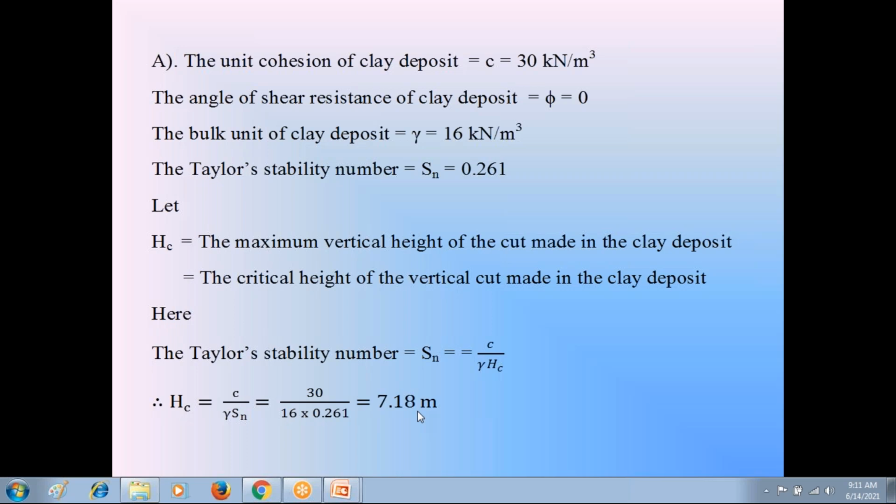When the soil slope is cohesionless soil, the factor of safety in the seepage flow condition is gamma dash tan phi divided by gamma saturated tan I. That is in cohesionless soil in seepage flow condition. Okay, sir. Thank you, sir. That is cohesionless soil. Please go through that material.